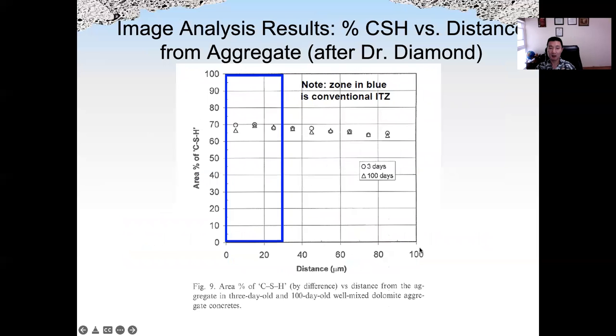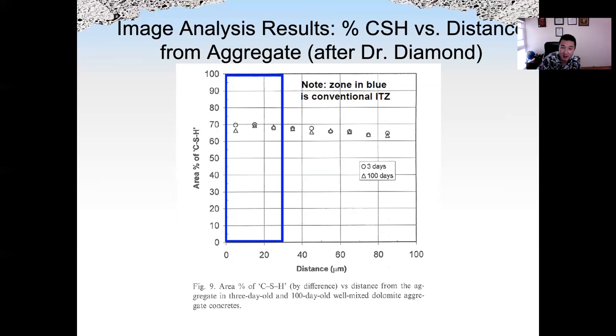So here is some of the research. This is the percentage of CSH, which is the gray cell, versus the distance from the aggregate. Traditionally between 0 and 30 micrometers is the conventional ITZ area. We studied at 3 days and 100 days.